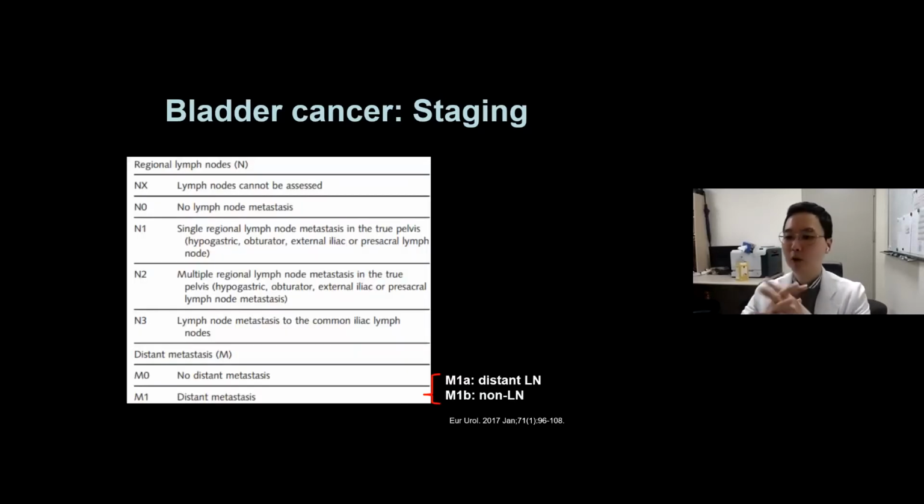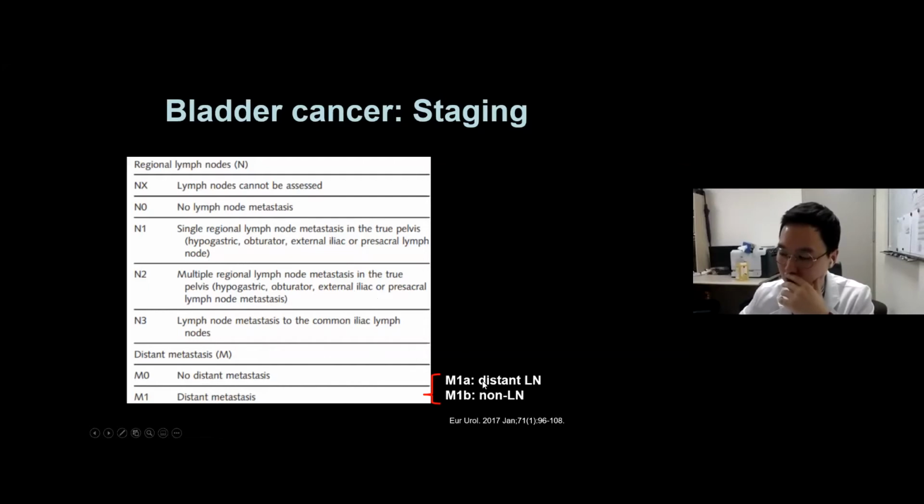Moving on to metastasis to lymph nodes, if there is a lymph node metastasis beyond the iliac lymph nodes, it is considered a distant metastasis, M1A. You can refer to what the regional lymph nodes for bladder cancer are here. The distant metastasis M1 is also divided into M1A and M1B.